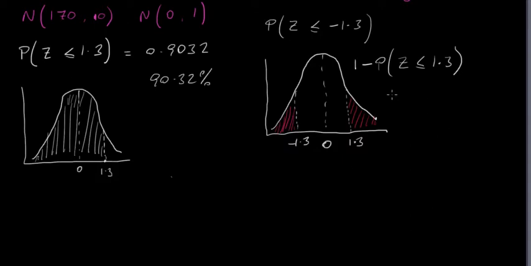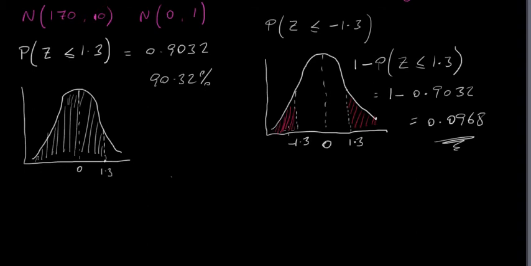We've worked it out as 0.9032. So in fact this simply becomes 1 minus 0.9032, which is 0.0968. So this is the probability that a data point will appear in this area here, which is exactly the same as this area here.